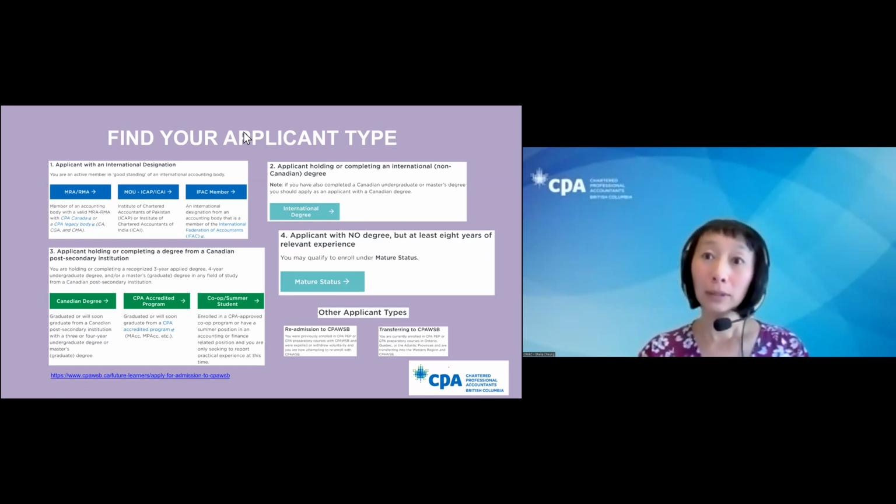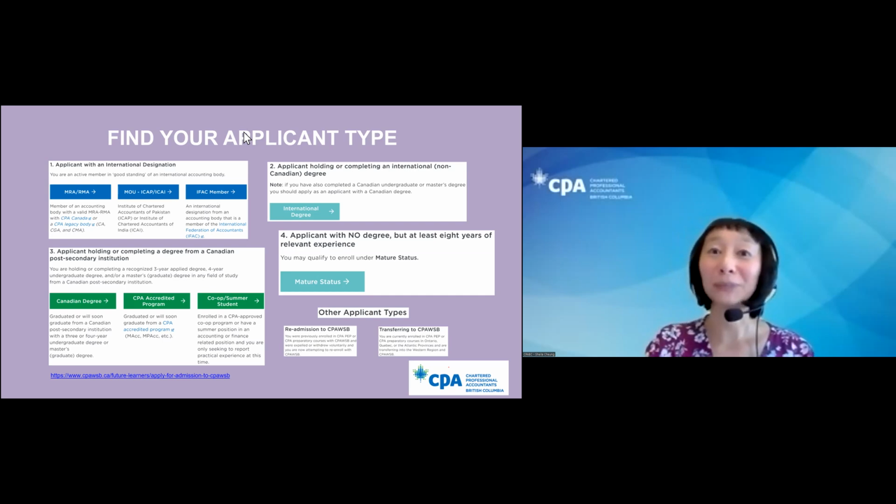So for a person who perhaps is a candidate enrolled in the CPA Professional Education Program with CPA Ontario, CPA Quebec, or CPA Atlantic, that's the Maritime Provinces, and that candidate is moving or has now moved to British Columbia, this means we are transferring your candidate file or student file directly to CPA-WSB. You continue your studies as regular.